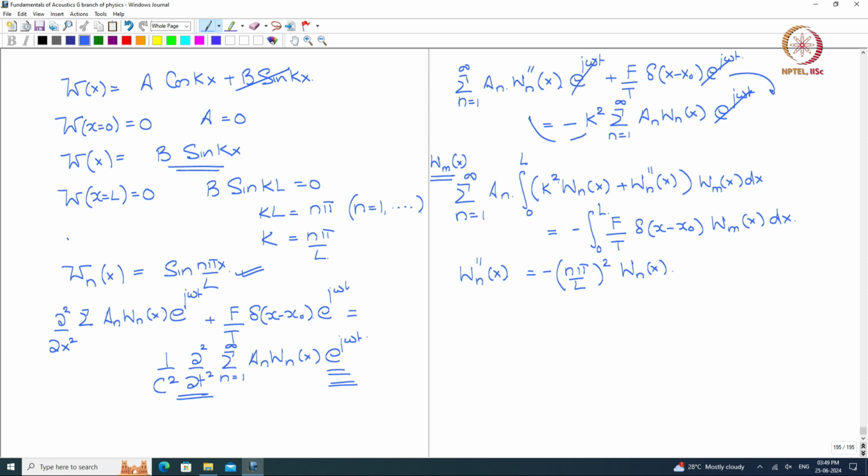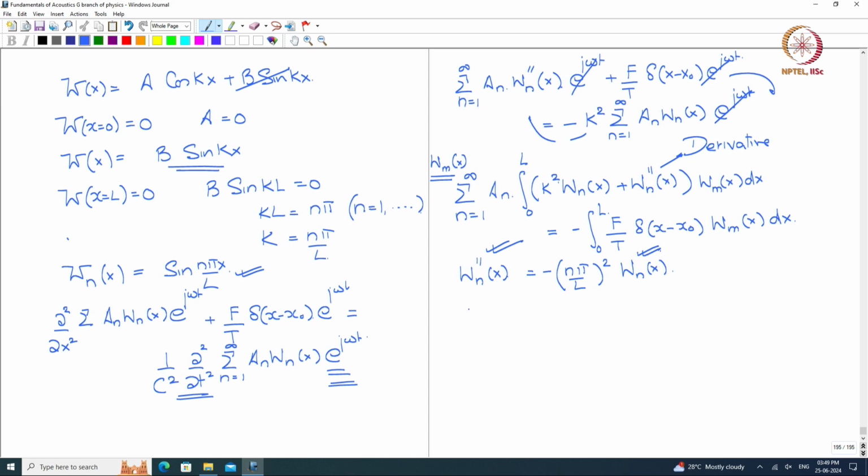The derivative has become algebraic. It was a derivative, you wouldn't know what to do with it. But because it is a mode shape and it satisfies the boundary conditions and it is an eigenfunction having an eigenvalue with it, the double derivative of that has ended up like this. That is the beauty of the whole thing.